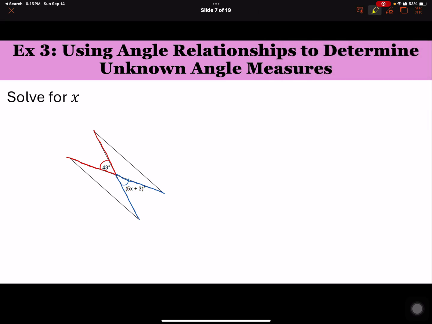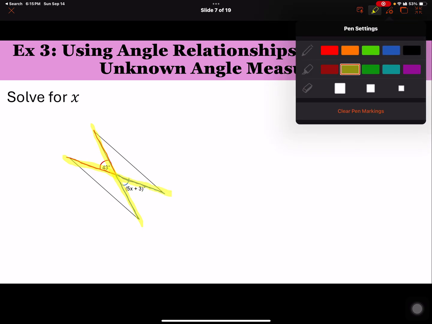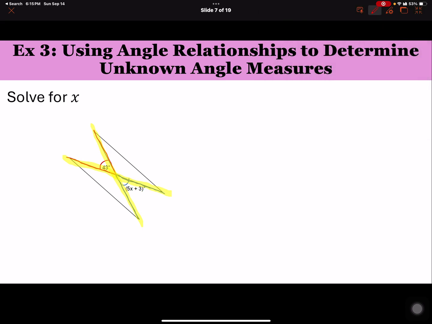What I notice when these two angles come together is that they form an X. If they form an X, that means that they are vertical angles, and vertical angles are congruent, or equal to each other. So I can set them equal to each other: 5x plus 3 equals 43. I'm going to subtract 3 on both sides, so 5x will equal 40, and then divide by 5. So x is equal to 8.